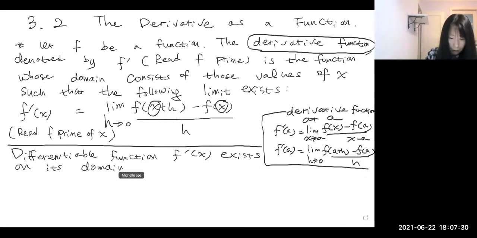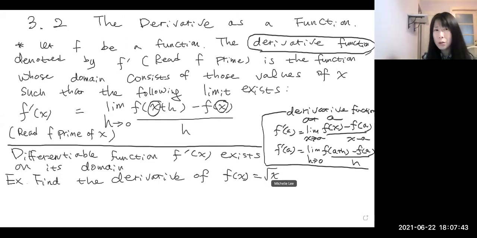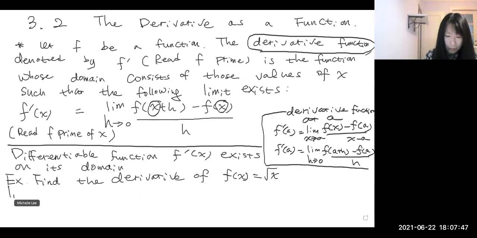All right, so let us do example. So find the derivative of f of x equal to square root of x. Okay, so we're gonna use the formula above there. So limit, let me denote f prime of x.